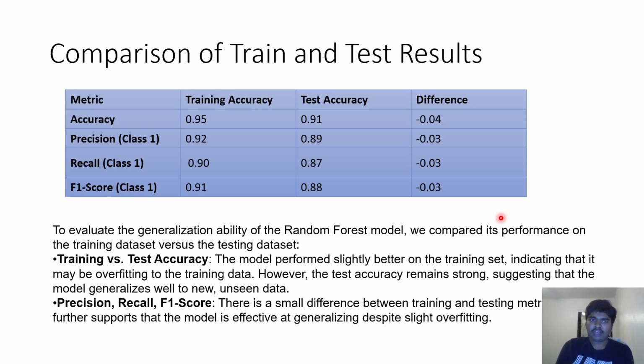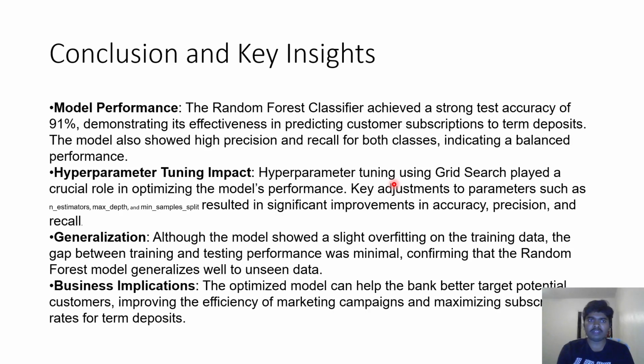When we compare the training and the test results, the differences are very low. Maybe that's the reason we can say that the training data worked well, because I can see the training data was very diversified. So even if the testing data is a bit new, it worked properly, and there was a very minute difference between the training and the testing results.